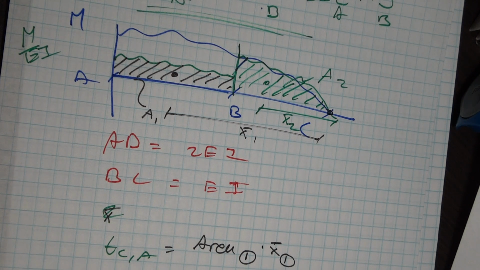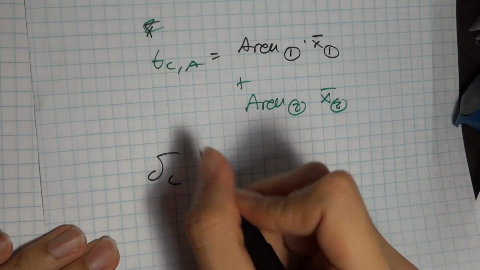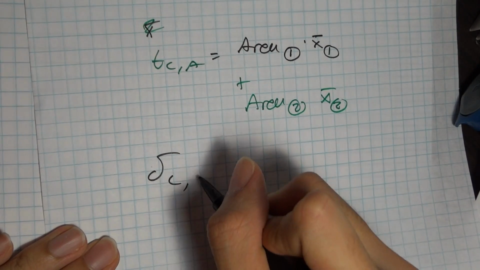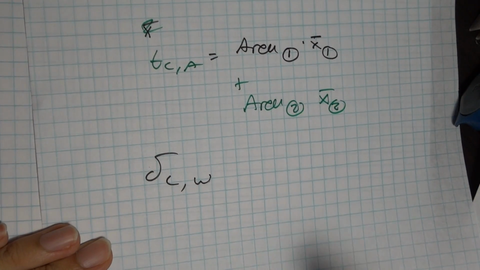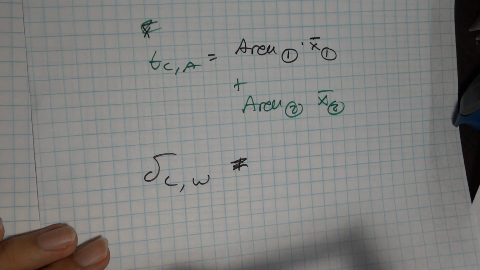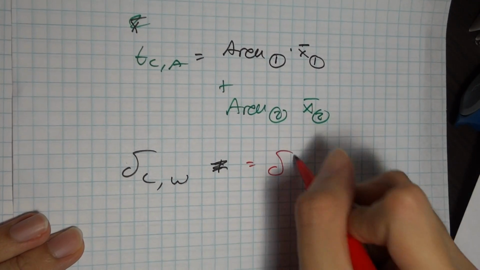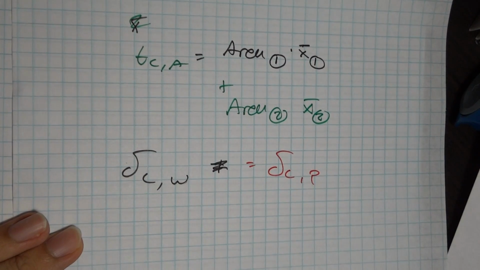With that, if you do that once with the distributed load, you should get delta at C due to W. If you do it once with the point load, you should get delta at C due to the point load.